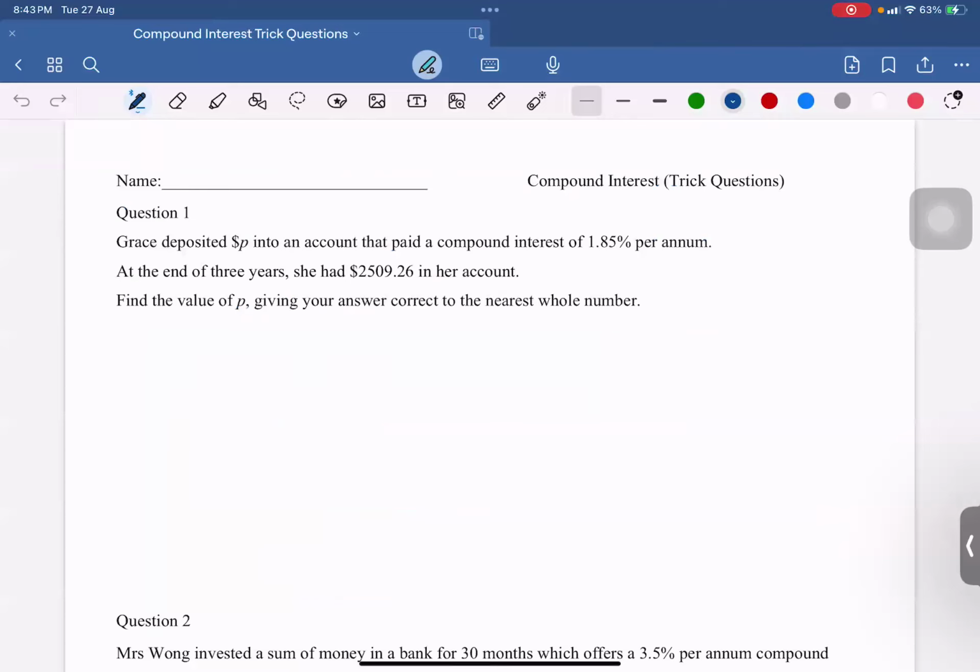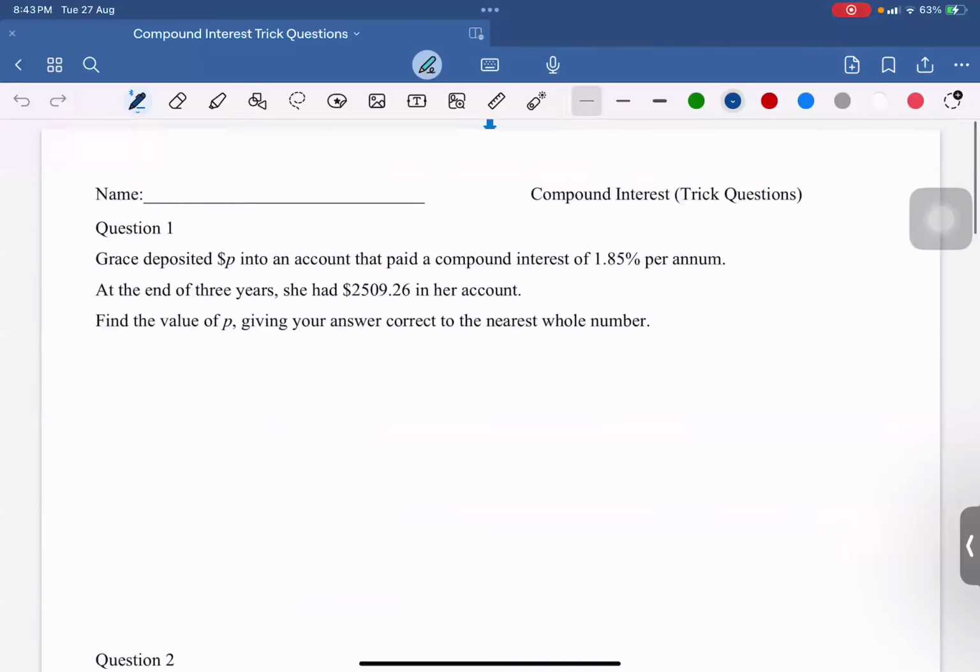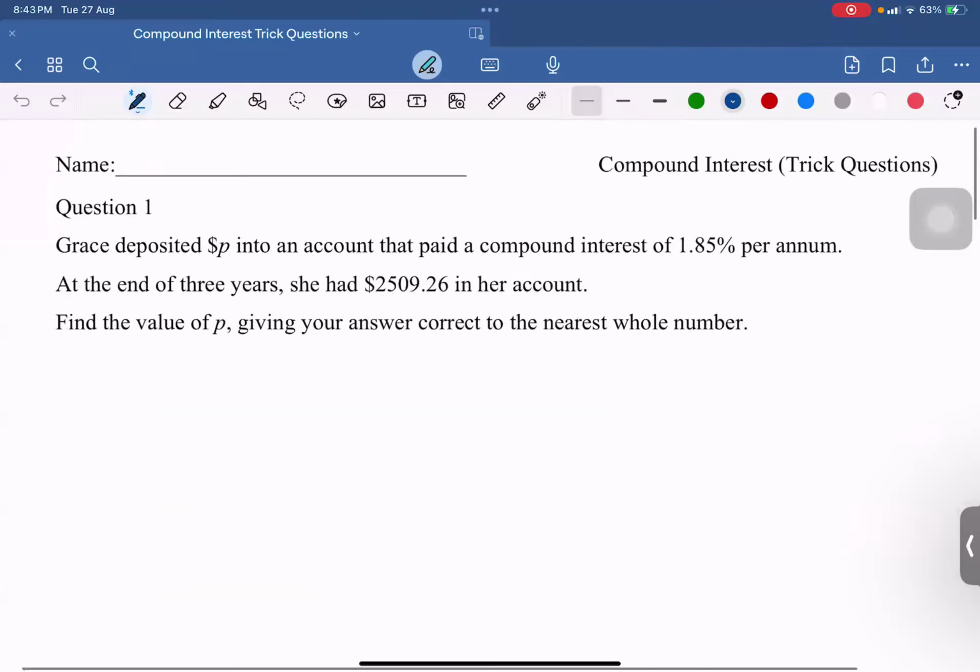Now, Grace deposited P dollars into an account that pays a compound interest of 1.85% per annum at the end of 3 years. So you got P, you got your interest rate R, you have your N equals to the number 3. All right, and then this is amount.